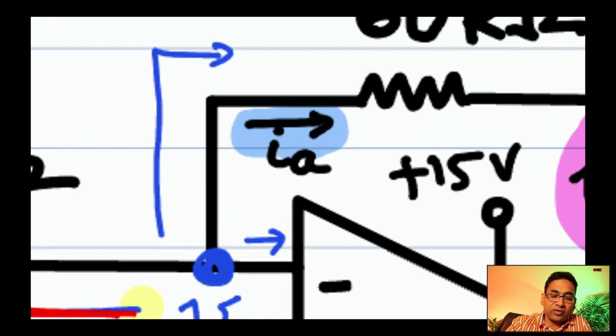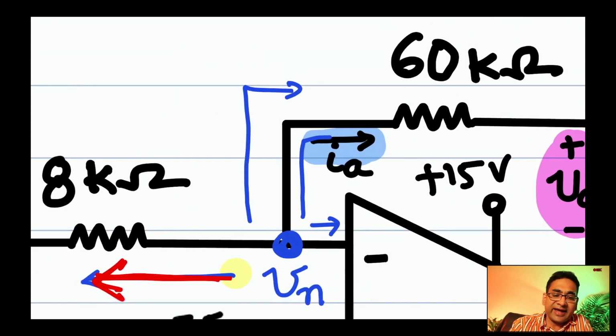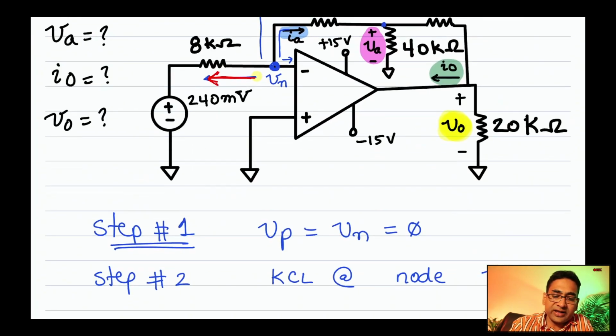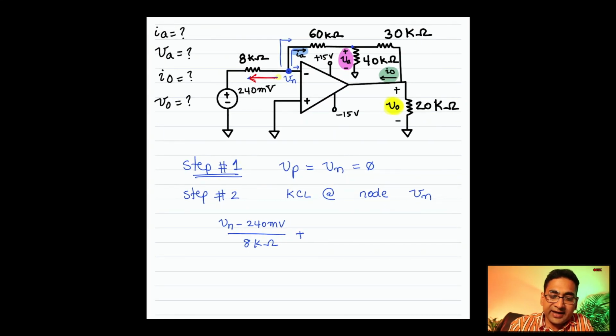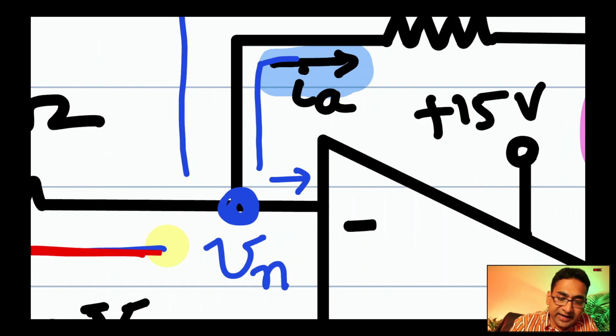what is the current flowing in this branch? That's simply IA, right? The current flowing in that branch is IA plus the current going into the negative terminal of the op-amp. That's this guy, I sub n.